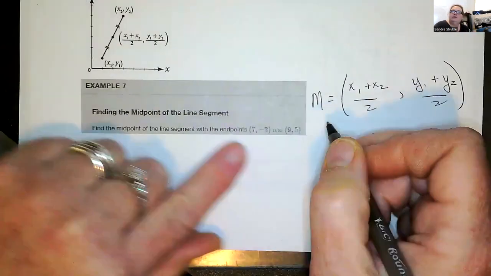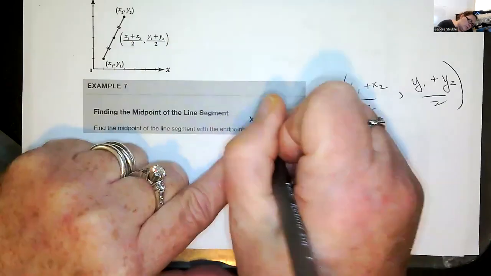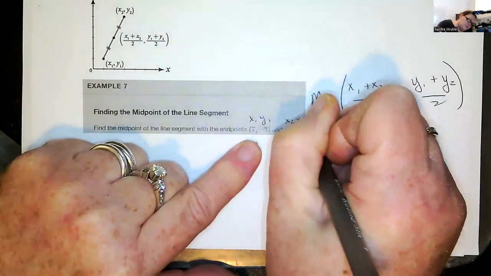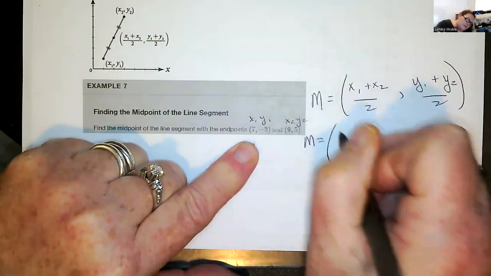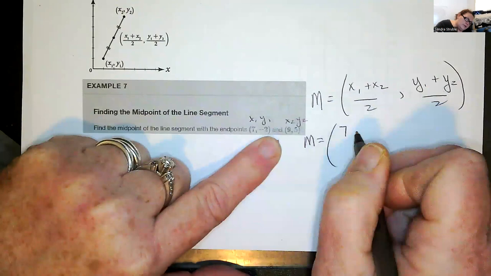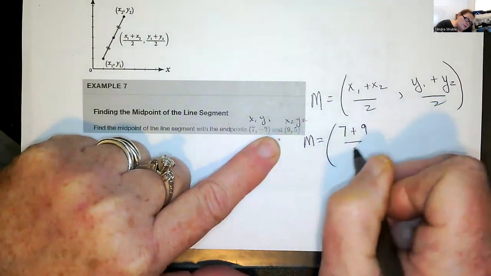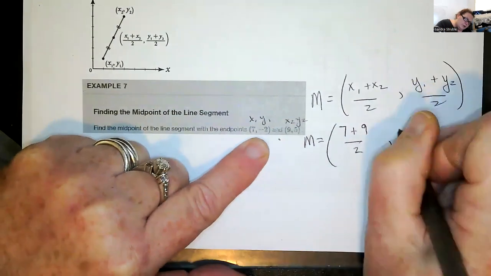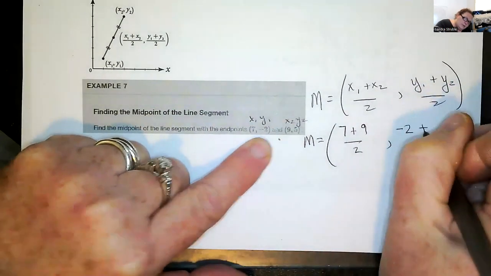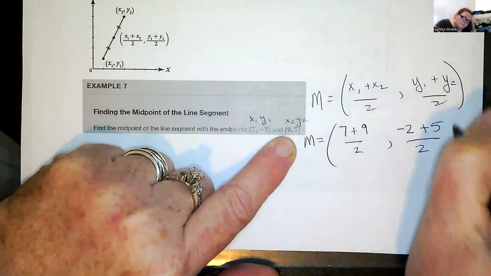So in this case, let's label them x1, y1, x2, y2. x1 is 7, and then plus 9 divided by 2, comma, and then -2 plus 5 divided by 2.